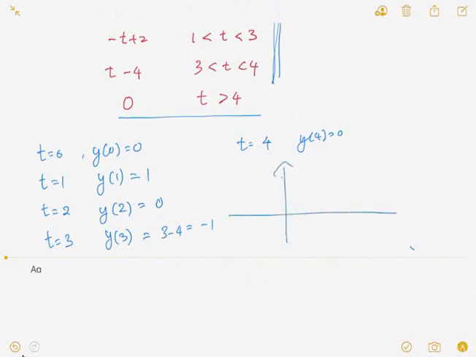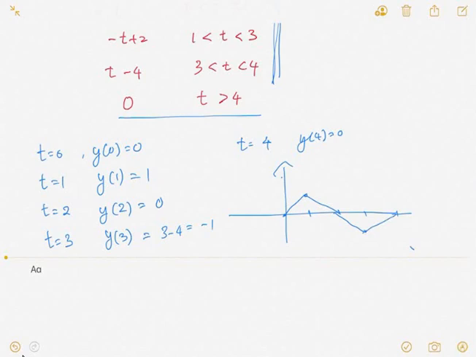Okay, so you have 1, 2, 3, and 4. So for t equal to 0, you have 0. For t equal to 1, you have 1. For t equal to 2, you have 0. For t equal to 3, you have negative 1. For t equal to 4, you have 0.